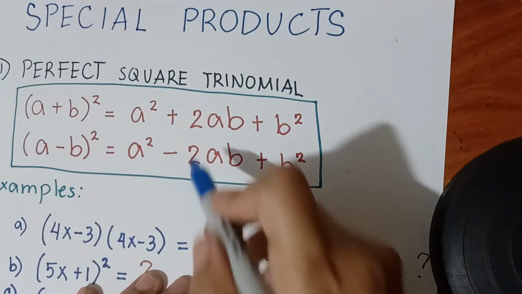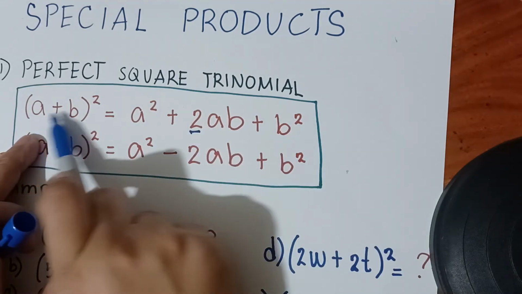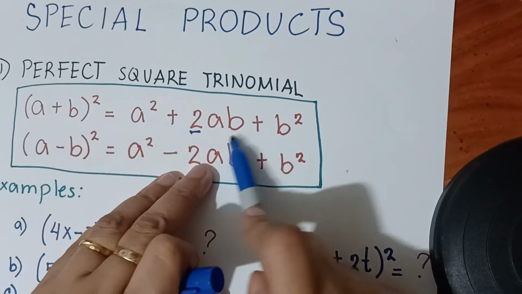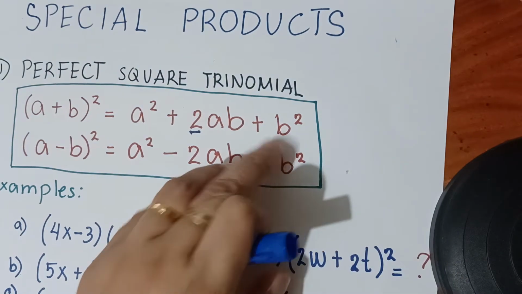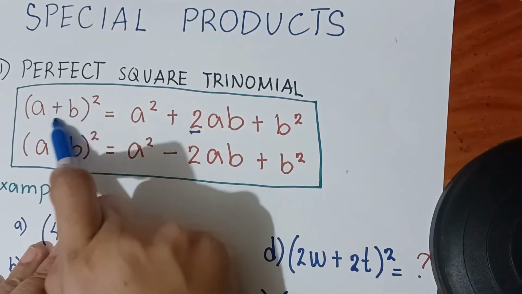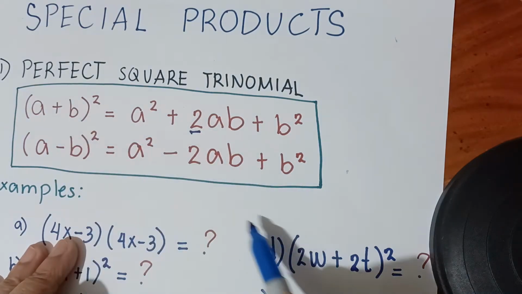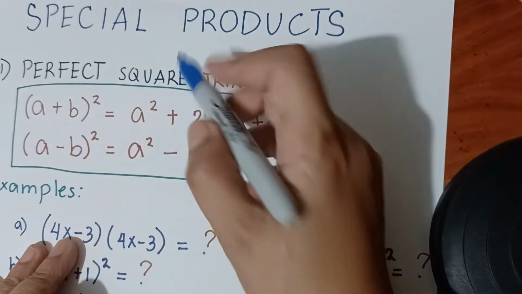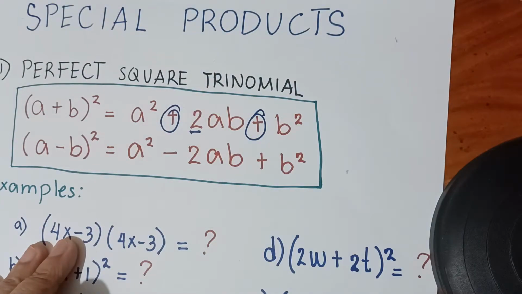Constant yung 2 dito. Okay, 2 is constant, so 2 times A and B. Plus the third term will be B square. Okay, that is pag the middle term here or the sign here is plus. Okay, so as you can see, kapag plus, plus lahat yon nasa sign niya.